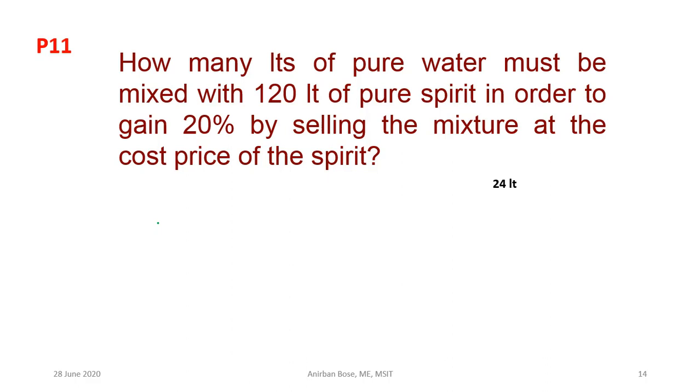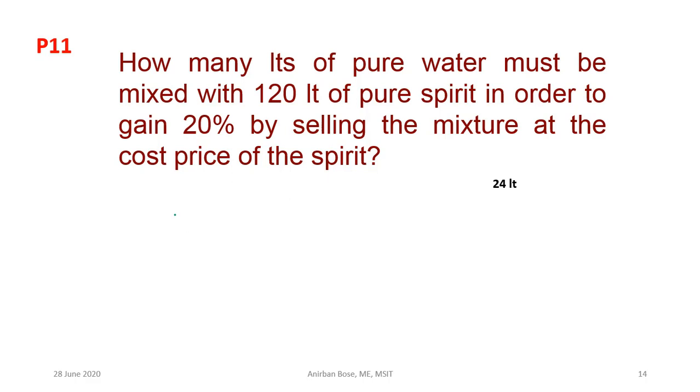Now coming to this problem: how many liters of pure water must be mixed with 120 liters of pure spirit in order to gain 20% by selling the mixture at the cost price of the spirit?